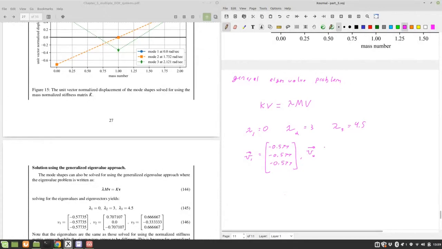V2 vector is equal to 0.707, 0, negative 0.707. V vector 3 is equal to 0.66, negative 0.33, and 0.66.